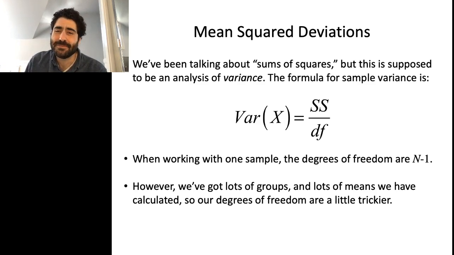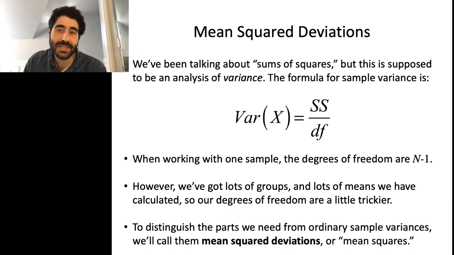But they're not exactly variances, so we're going to call these mean squared deviations, or just mean squares. If we take a sum of squares and divide by some degrees of freedom, which are usually related to the number of data points, this gives us a mean of those sums of squares. These things are a sum of squared deviations divided by degrees of freedom, just like the variance is.